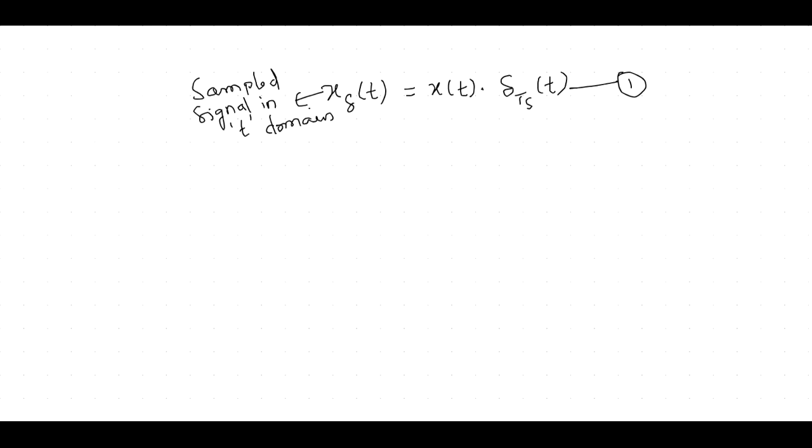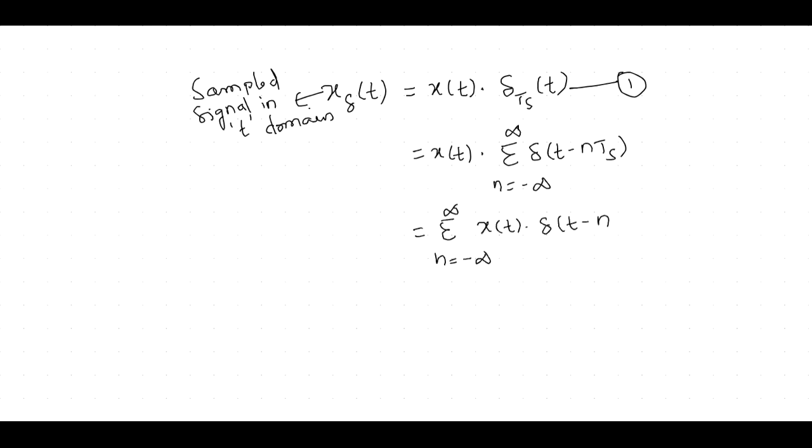So here x of t, and what is the corresponding mathematical equation for the train of impulse function? Summation n equal to minus infinity to infinity delta of t minus nTs. So summation n equal to minus infinity to infinity x of t, we can take this inside, delta of t minus nTs.